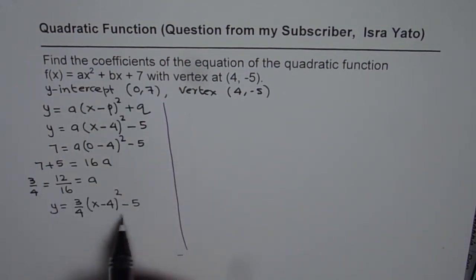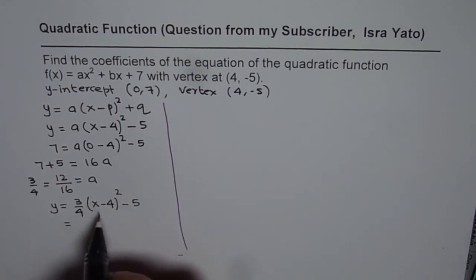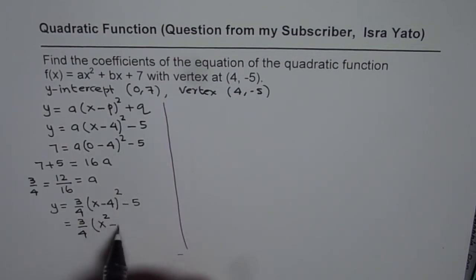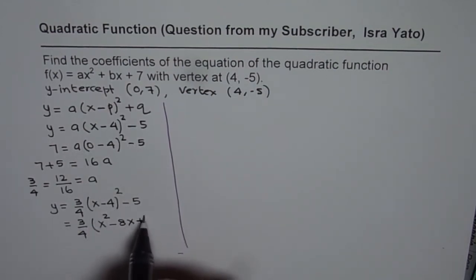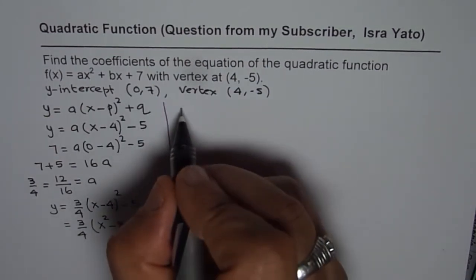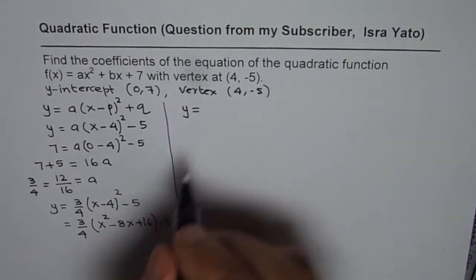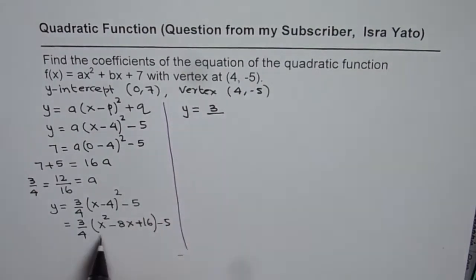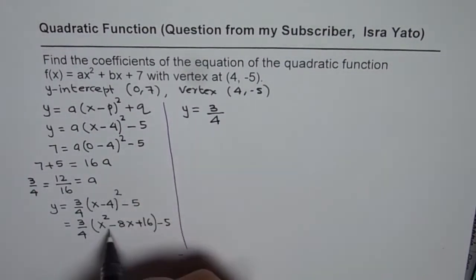If we expand this equation, we get 3 over 4 times the bracket: x squared minus 2ab, which is 8x, plus b squared, which is 4 squared, minus 5. Expanding, we have 3 over 4 x squared.